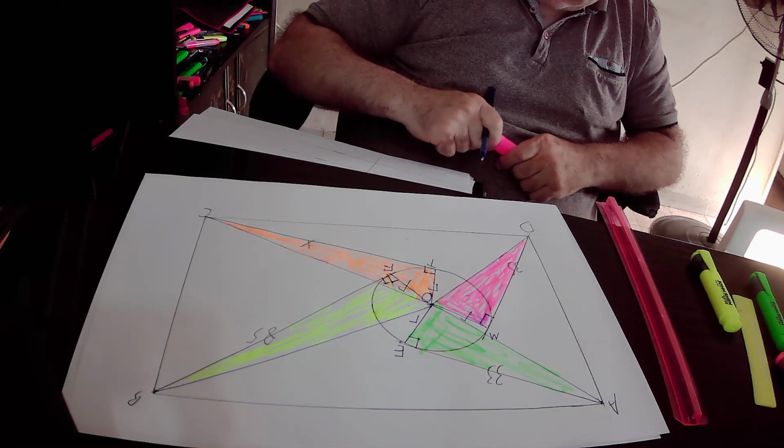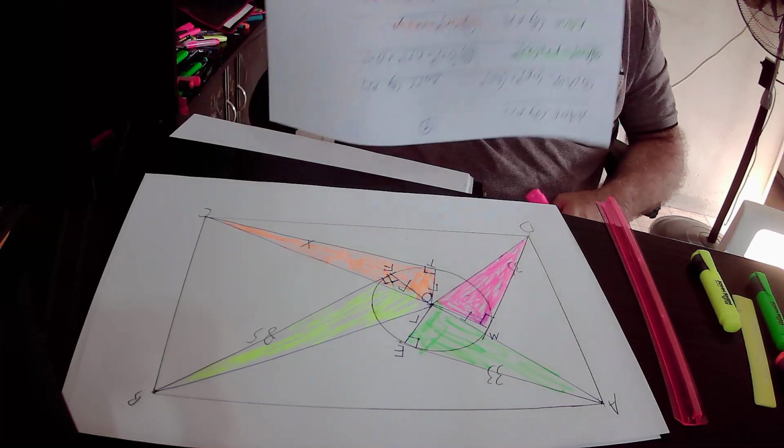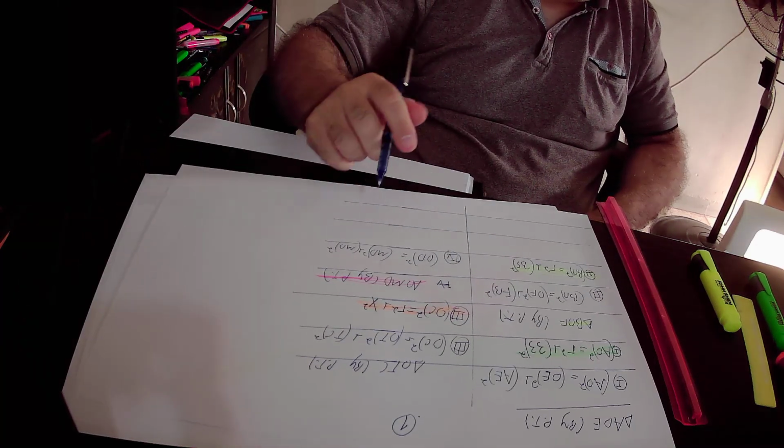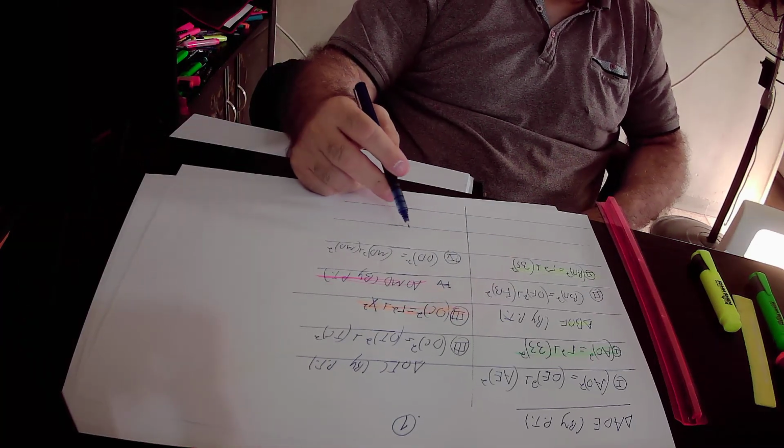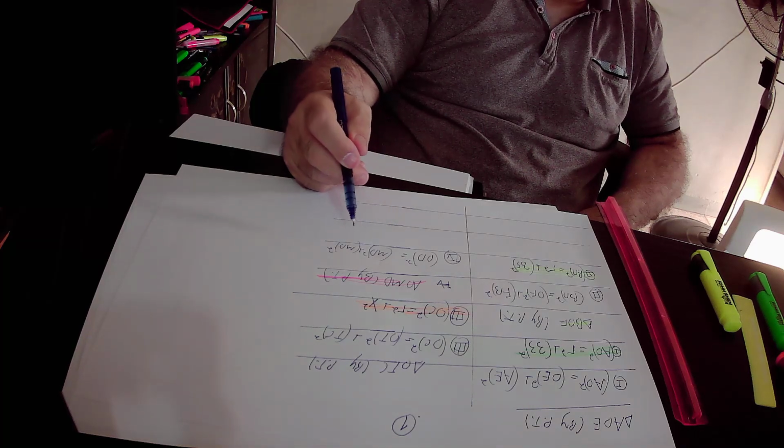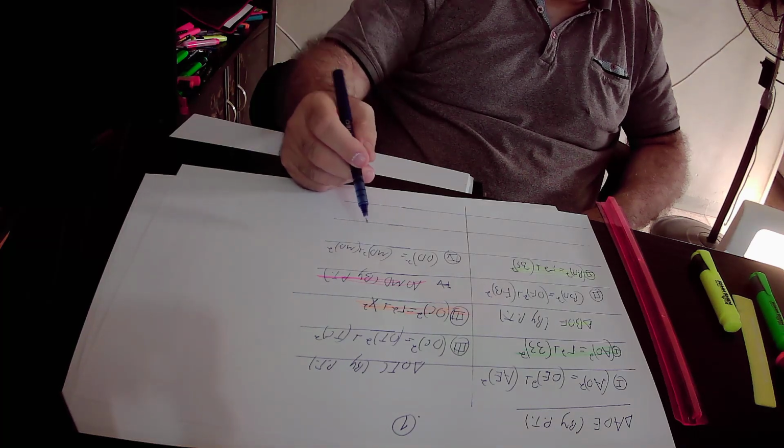Repeat again in the right pink triangle, triangle OMD. By PT, OD squared equals MD squared plus MO squared.